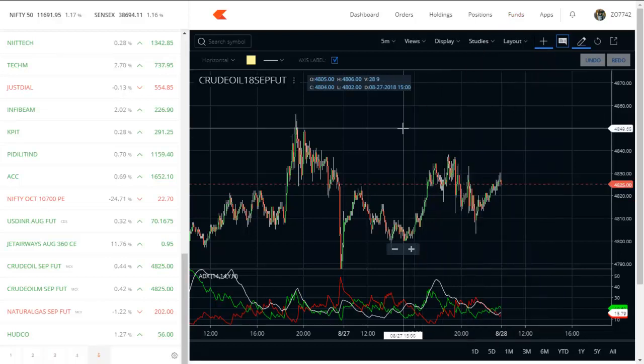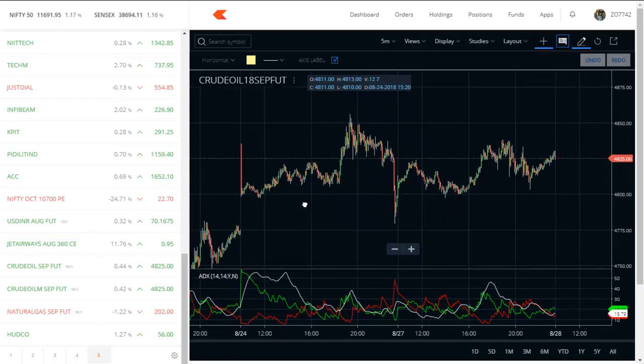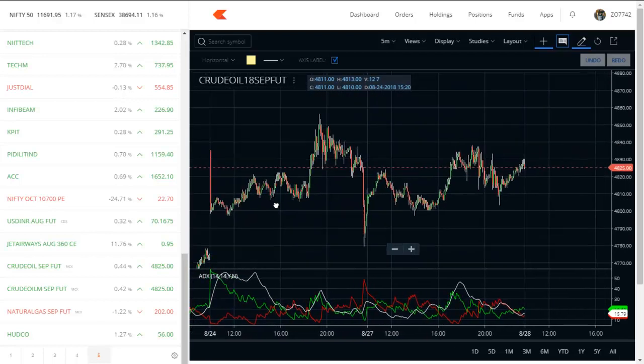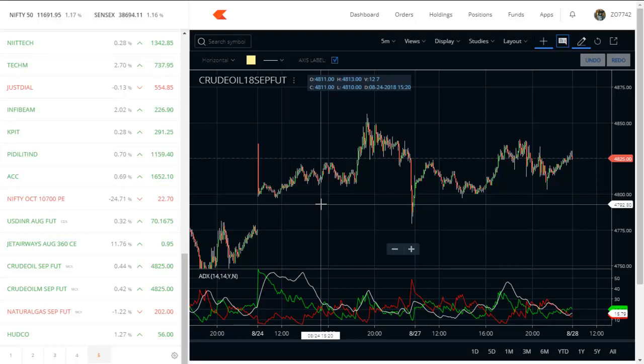So let me tell you first about what ADX is. ADX is basically an average directional index. What this indicator tells you is in which direction the market is going. All of the indicators available in the market today, whatever signals they give you, are dependent upon price and volume, nothing else, right?